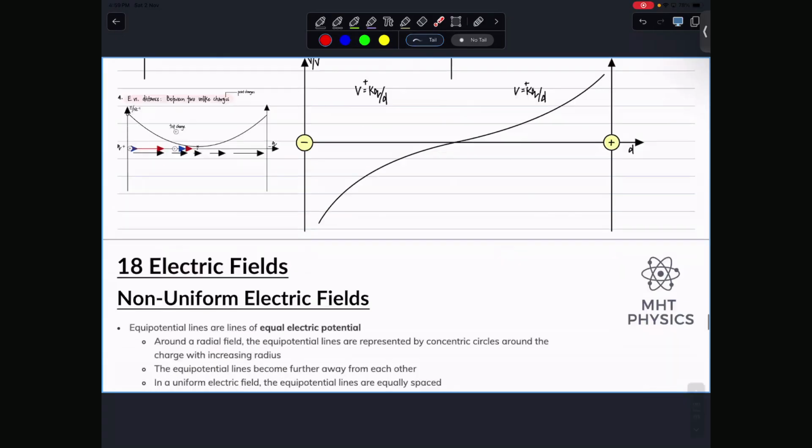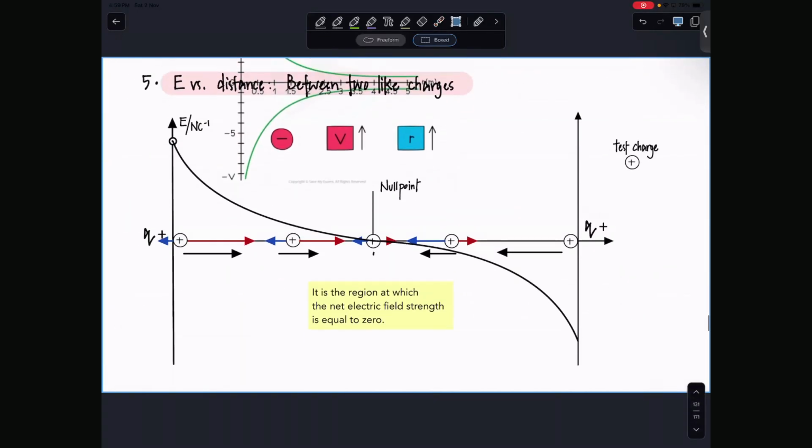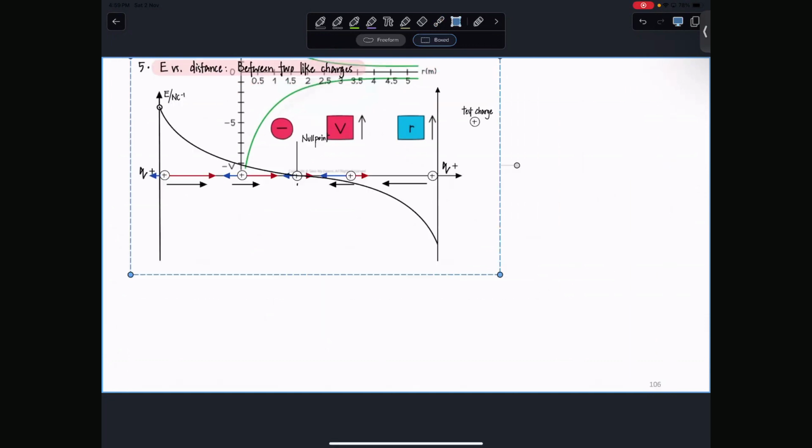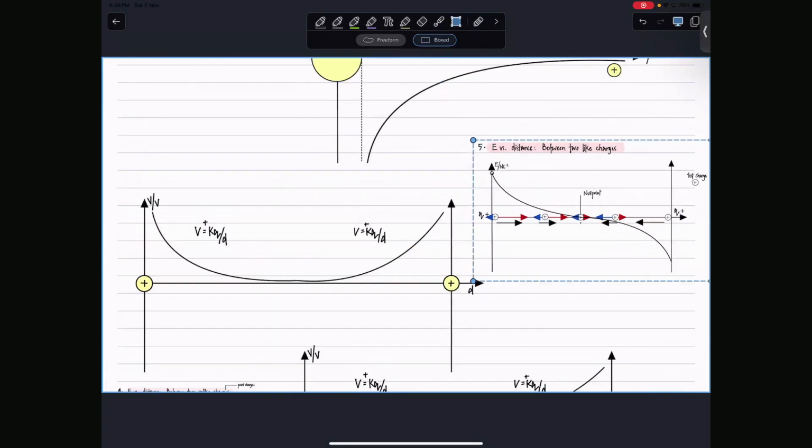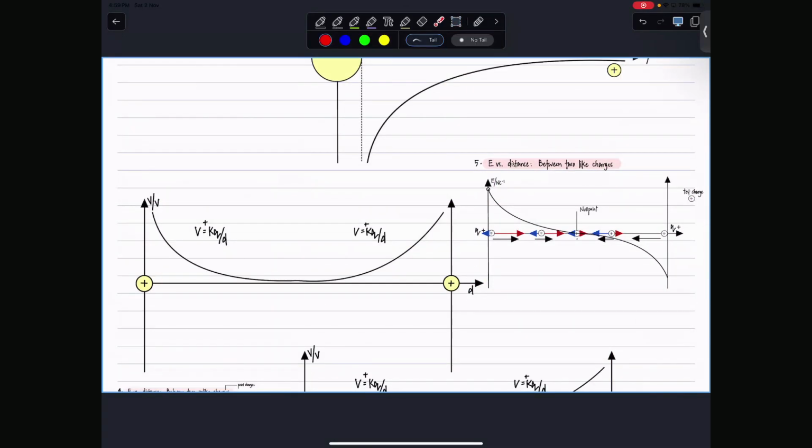Okay, so similarly, how does the other graph look? So let's see if the differentiation of this gives you that or not. So this is a what gradient? Negative. What is that gradient? Negative. Do you see that the start gradient and the end gradient are the same type? Either negative or positive, positive.